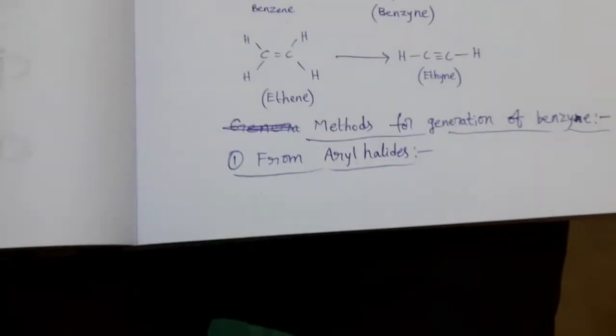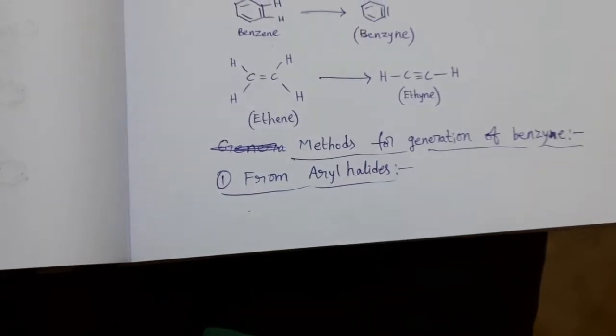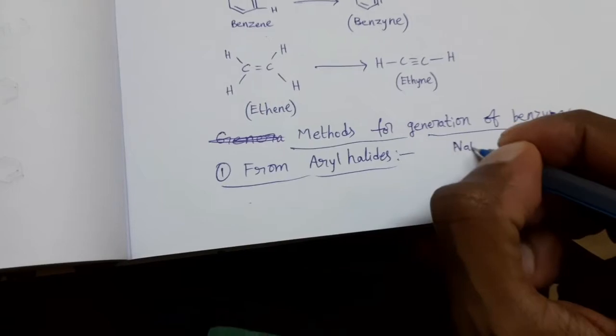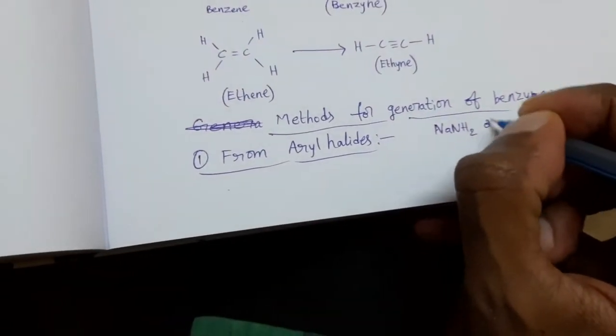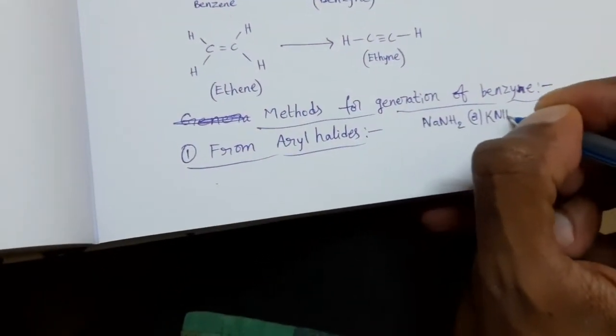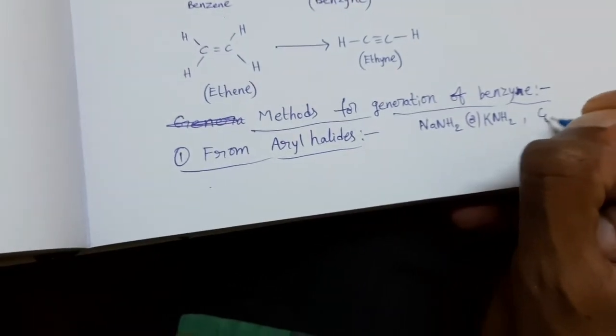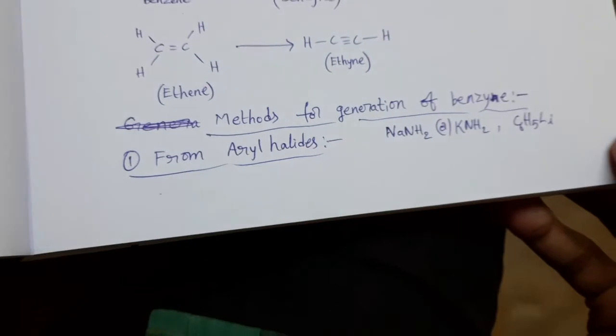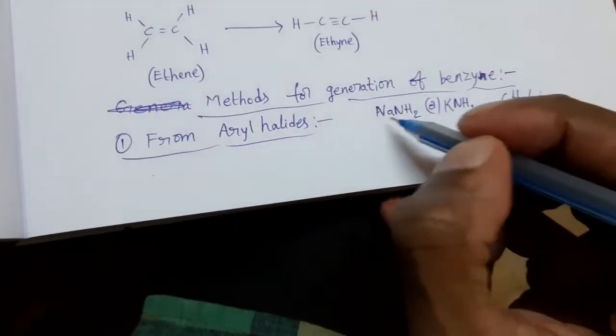Fluorine, chlorine, bromine, iodine. These aryl halides are treated with strong bases like NaNH2, sodamide, or potassium amide, KNH2, or C6H5Li, phenyl lithium compound. These are strong bases.